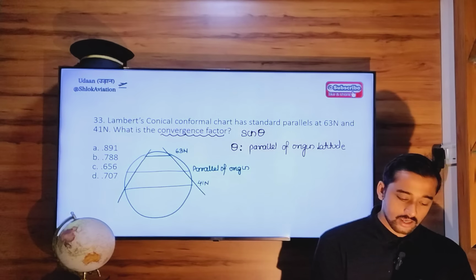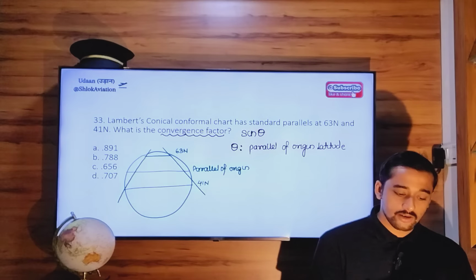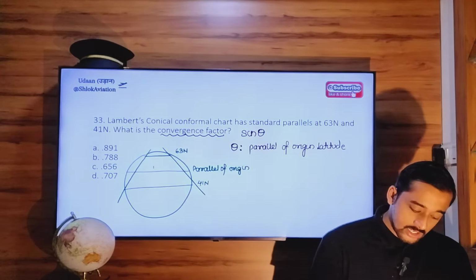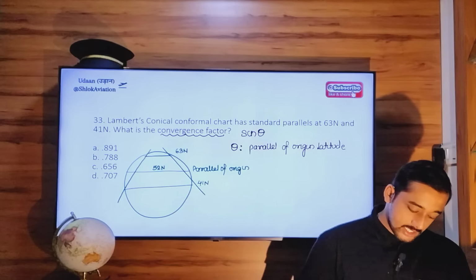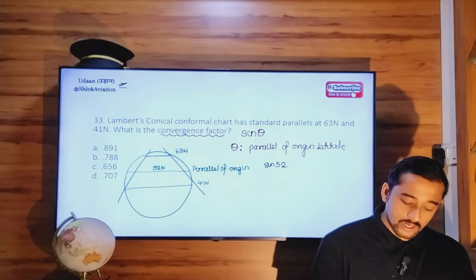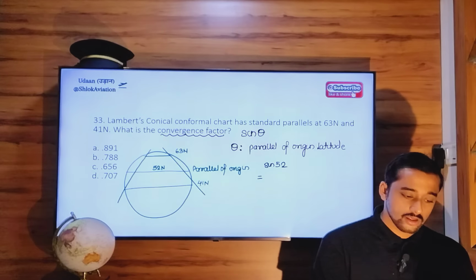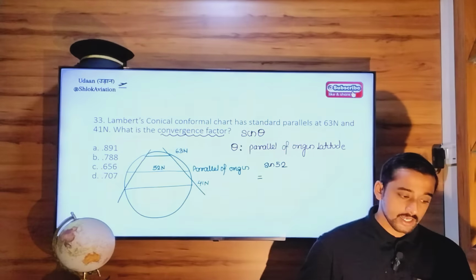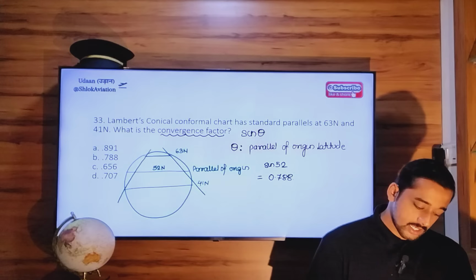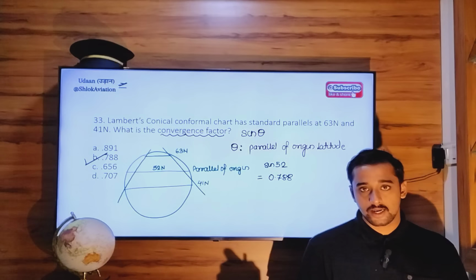So 63 plus 41 is equal to 104 divided by 2, 52. So parallel of origin will be 52 north. So let's substitute the value here. Sine 52 is equal to 0.788. So correct answer will be convergency factor is 0.788.